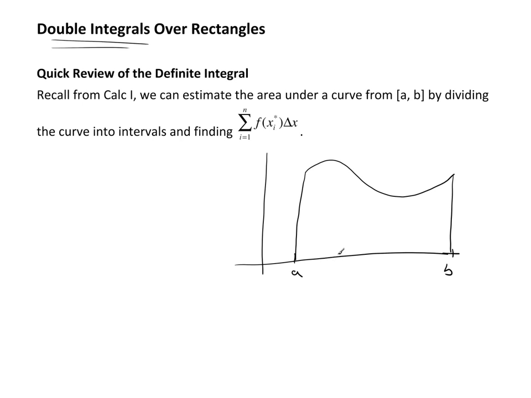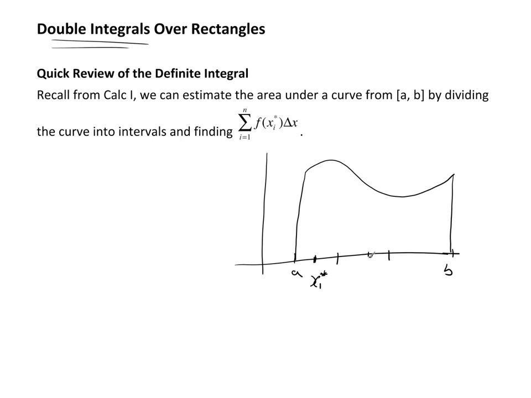So I'm going to do a couple of intervals here. 3 is good enough to demonstrate what's going on. And what I'm going to do is say, hey, look, I can pick a value anywhere in this interval that I want. So let's say I pick right here. This is where I'm going to pick x1. And because we're not using an endpoint, I'm going to use an asterisk to denote that this x is anywhere in here that I want.